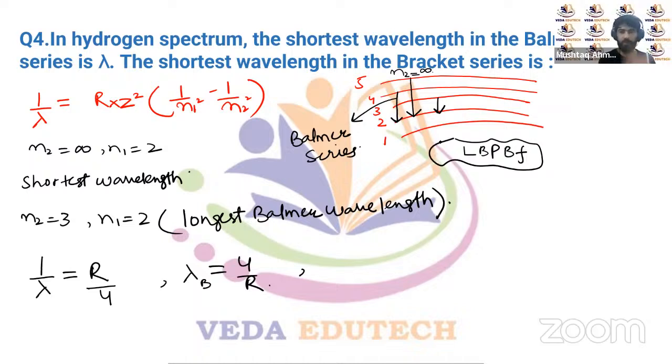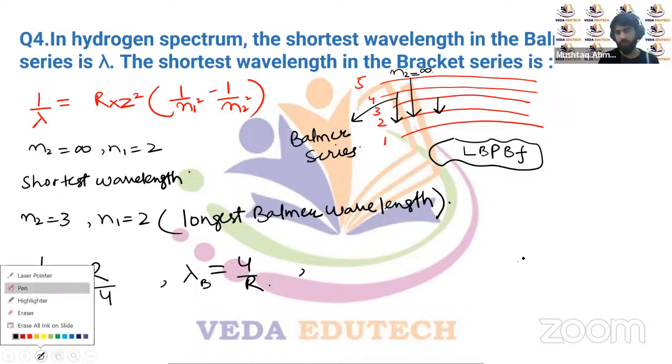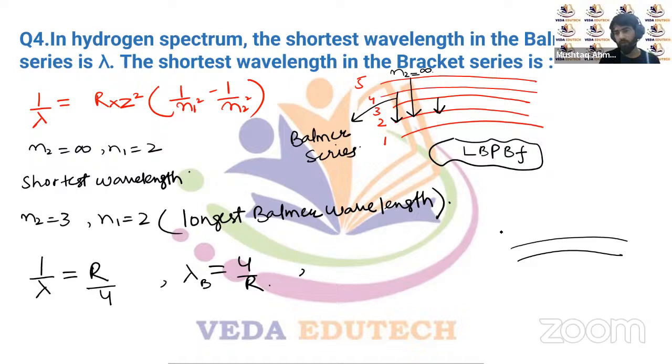For the Brackett series, the transition takes place from any higher excited state to n equal to 4.